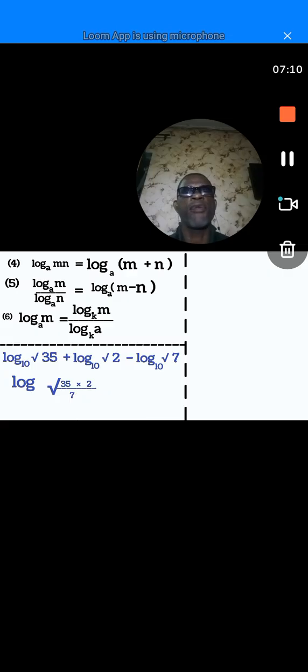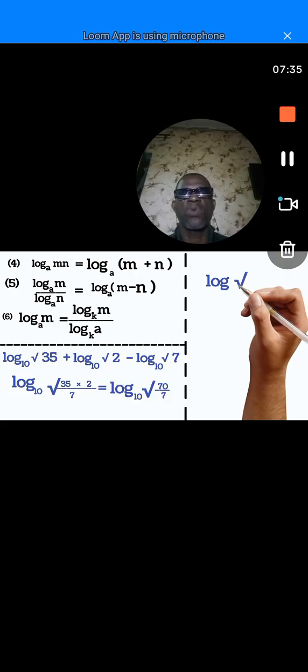That invariably gives you log root 70 over 7, and 70 over 7 is 10. That invariably gives us log root 10.